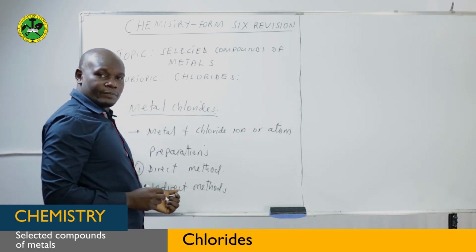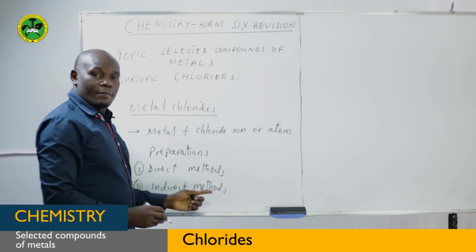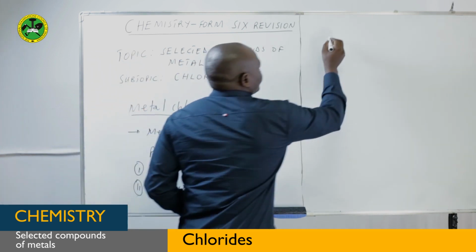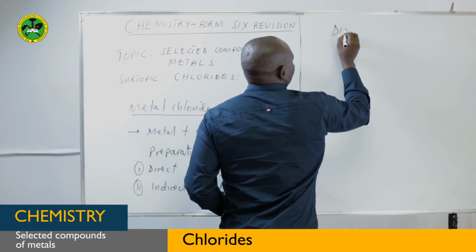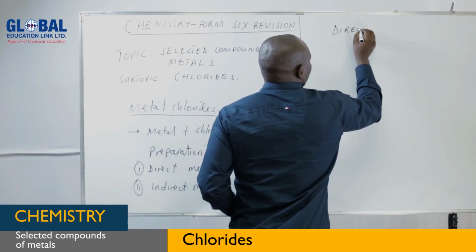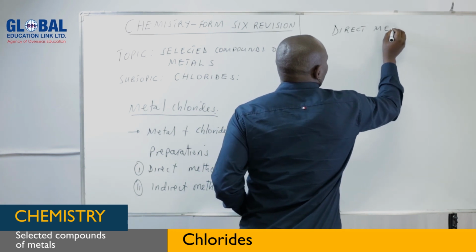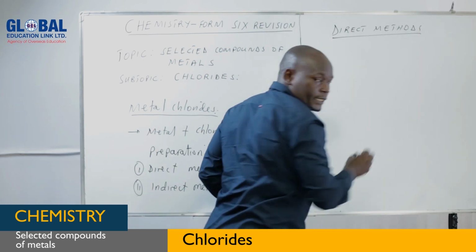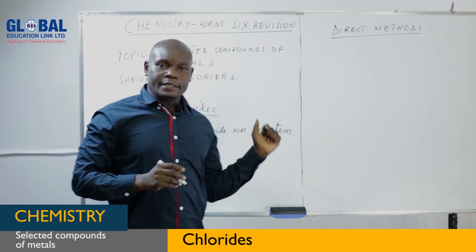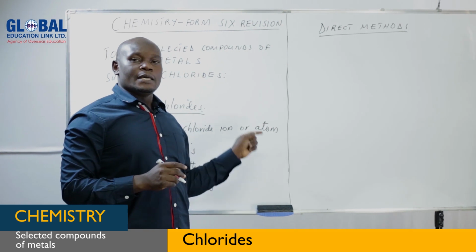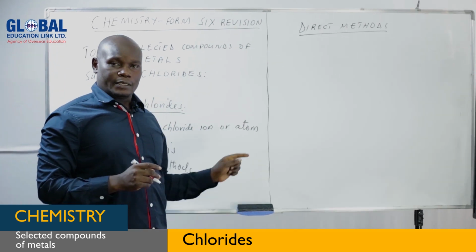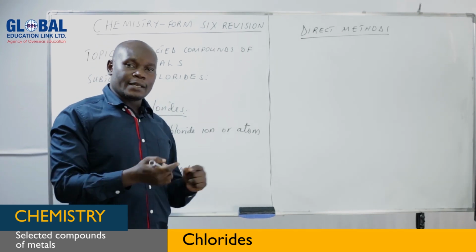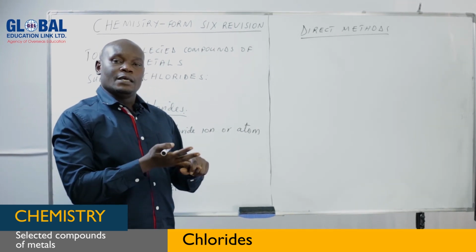If we start by discussing the direct method, the direct method involves heating a metal directly in chlorine gas. So you combine the metal and the chlorine directly.